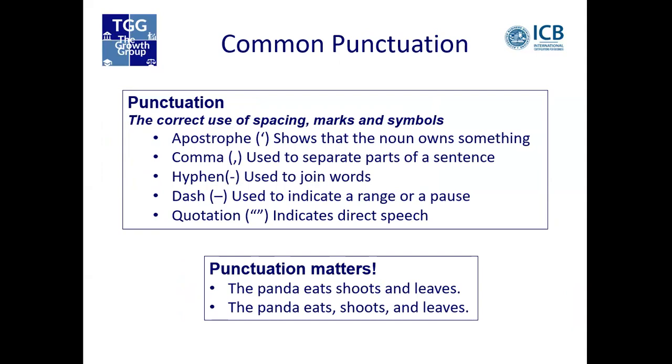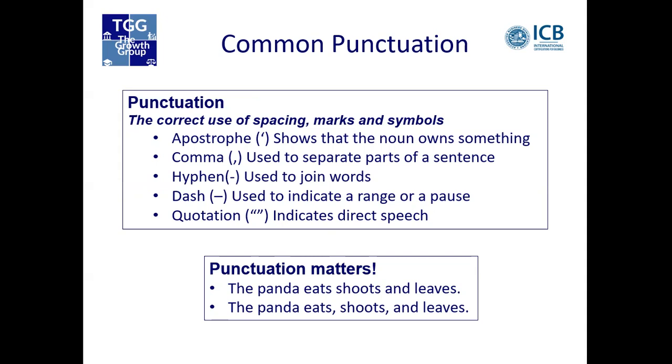A hyphen is used to join words. Sometimes you have a word and you're not quite sure if it must be written as two words or as one word. And then when you look it up, you will find that the dictionary tells you that it's fine to write it as either one word or two words. And then often a hyphen is very good to use.